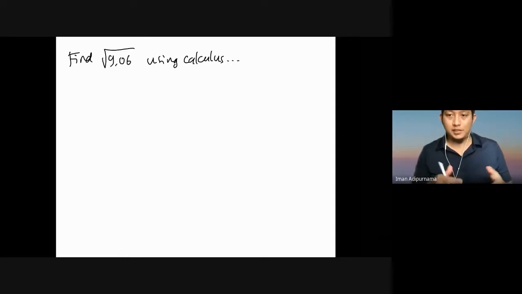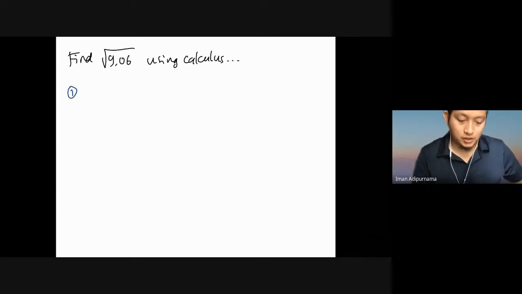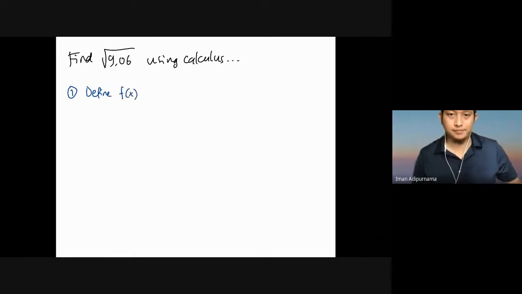If this is the question, how do we apply the linear approximation? First, you need to define the function. So let me write here, define the function.